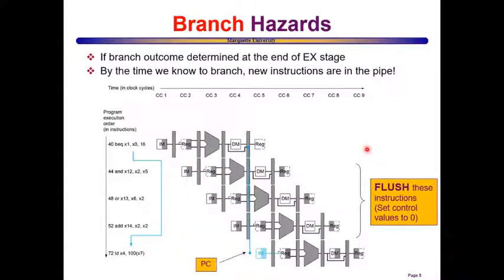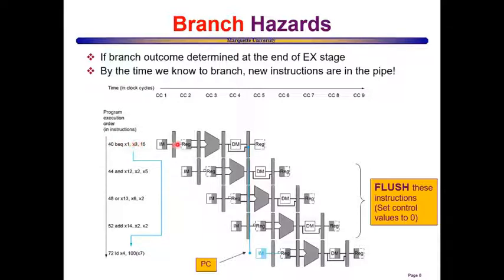Now, there is a last type of hazard, and that is the control or branch hazard. Imagine this situation where we have a sequence of instructions like this, where the first one being fetched and pushed into the pipeline is a control instruction, a branch on equal.